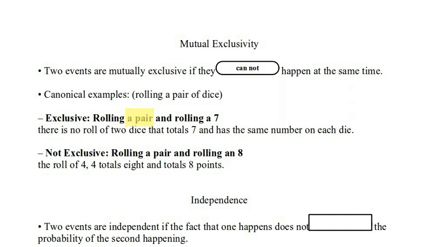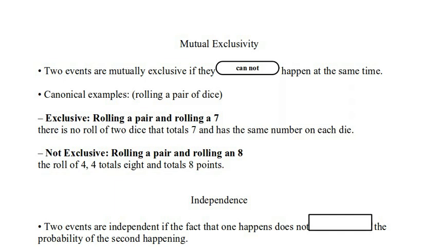Now, to roll a 7, one of them has to be different. A 7 is an odd number, we're adding up integers. So a 4 and a 3 is as close as we can get to two numbers that are the same. But there's no way to roll a pair and roll a 7. So that means that these two events, rolling a pair and rolling a 7, are mutually exclusive. They cannot happen at the same time.